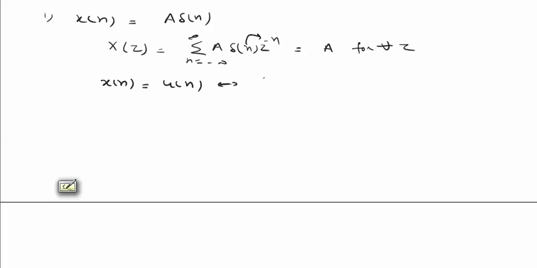If I directly write, Z is greater than 1.